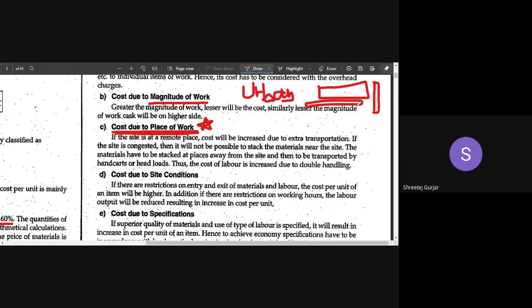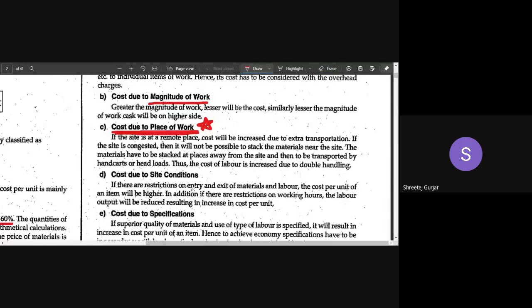So you have to dump your material at a nearby site, wherever you find vacant land, and then from there you have to haul your material and bring it to your construction site. So when there is a congested area, or whenever you are building in urban areas, this extra transportation cost will add up in your rate analysis. Whenever you are building in congested areas, your cost will be a bit higher compared to building in an open area. So this is also one important factor.